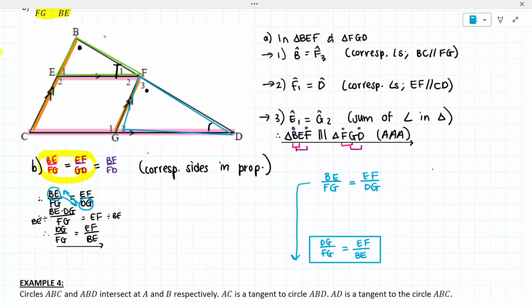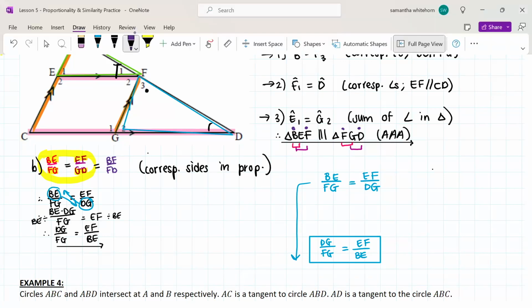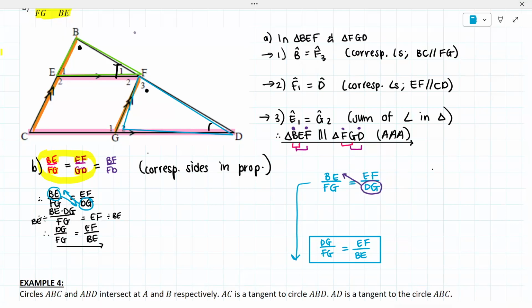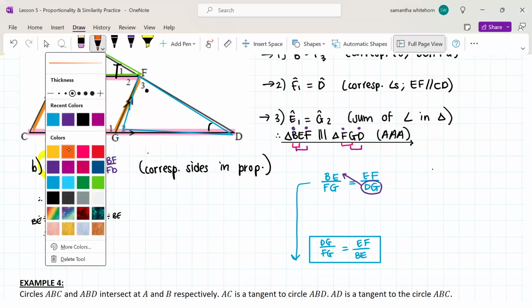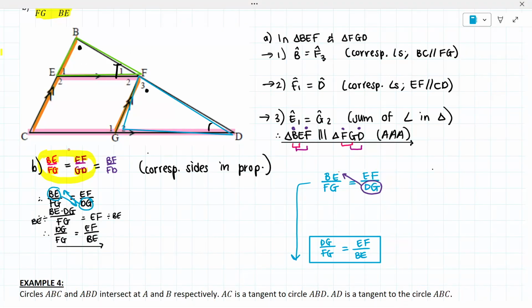But like you say, how do I get there? So now it's all about manipulation. What I can see is that I have to somehow get DG to this numerator. And in the same vein, I also somehow need to get BE to the position of DG. So this is where manipulation comes in.